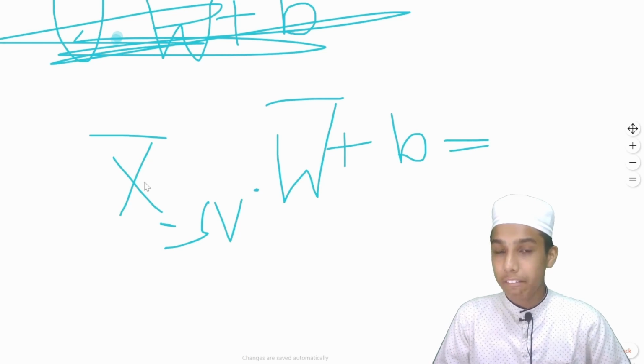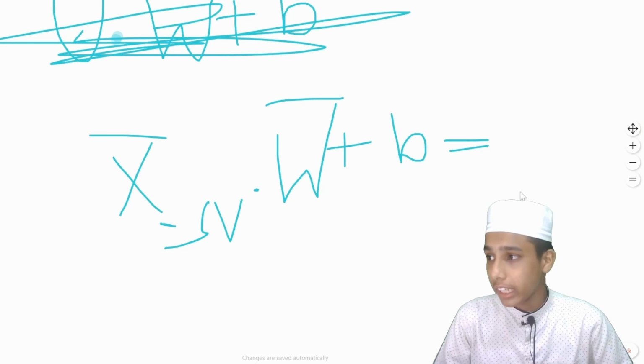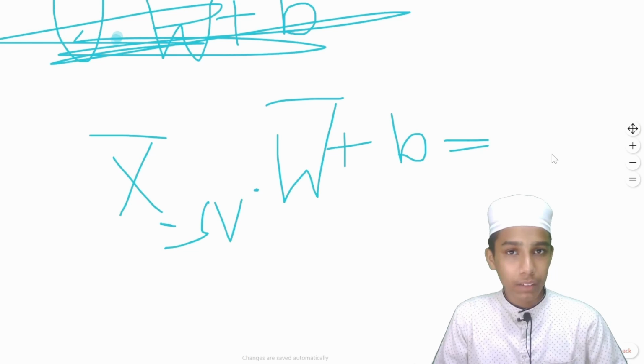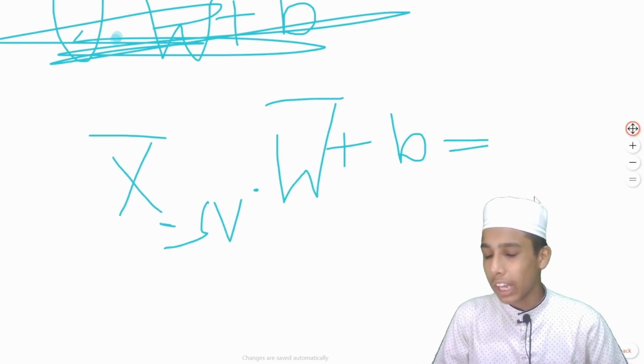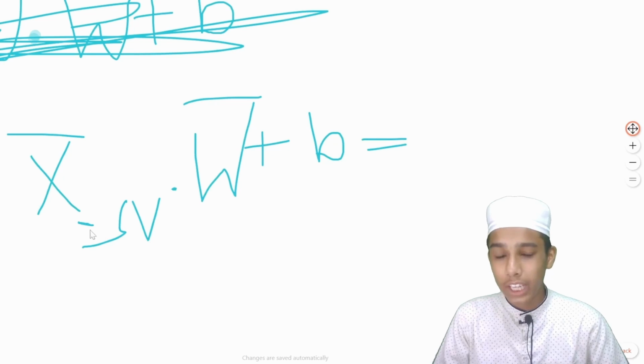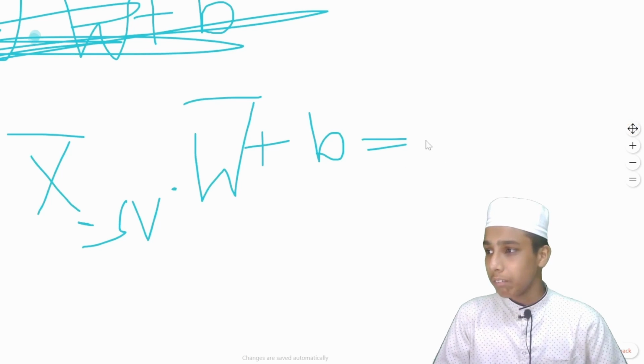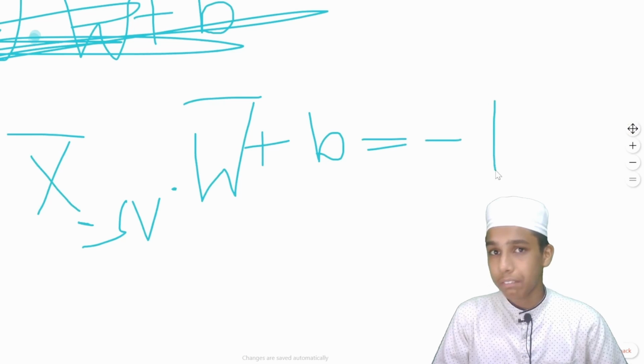If we have x minus support vector, then the answer is actually going to be minus 1. The actual answer would be 1 only, but here we get minus 1 because we have used the minus. So it's going to be minus 1.